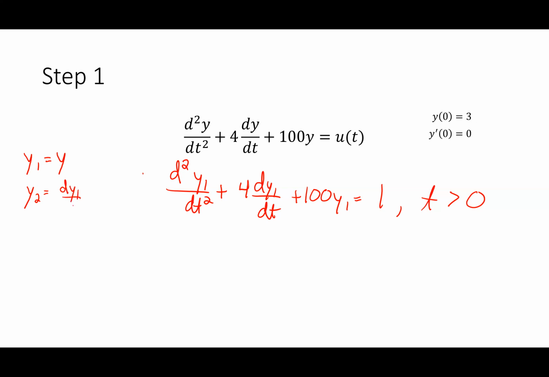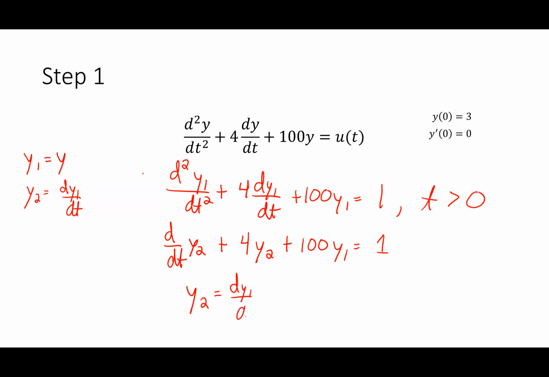All right, so I rewrote this guy and I got the derivative of the derivative plus 4 times the derivative plus 100 times y1 equals 1. And then I had the other expression, which was that y2 equals dy1 by dt.